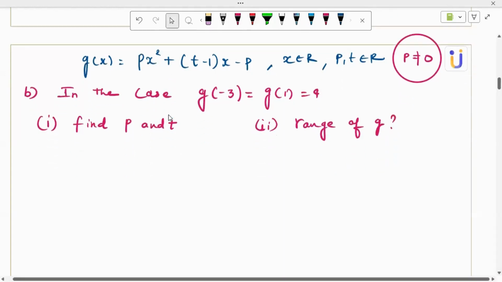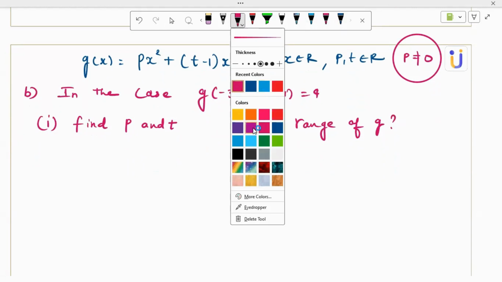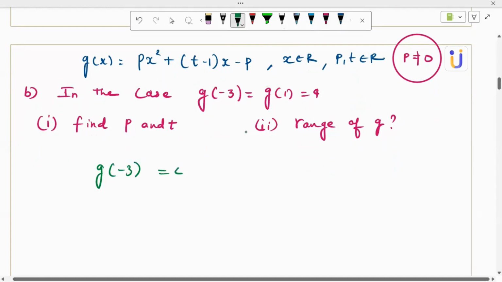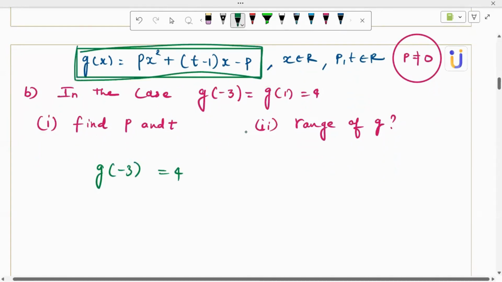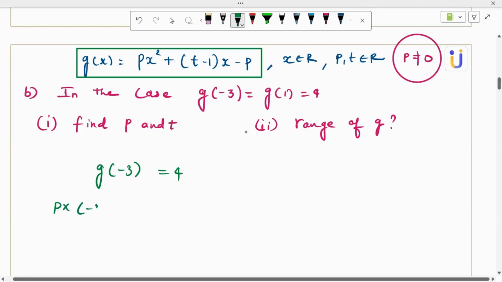Okay, the very first clue, g of minus 3 is 4. Let's apply it. g of minus 3 equal to 4 means you have to substitute in g of x, in place of x, put minus 3. So p times (negative 3) squared plus (t minus 1) times negative 3 minus p equals 4.